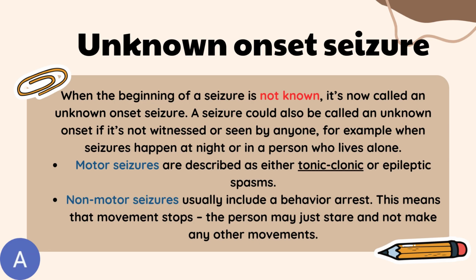As more information is learned, an unknown onset seizure may later be diagnosed as focal or generalized seizure. As for the unknown onset seizures, motor seizures are described as either tonic-clonic or epileptic spasms. The non-motor seizures usually include a behavior arrest. This means that the movement stops, and the person may just stare and not make any other movements.